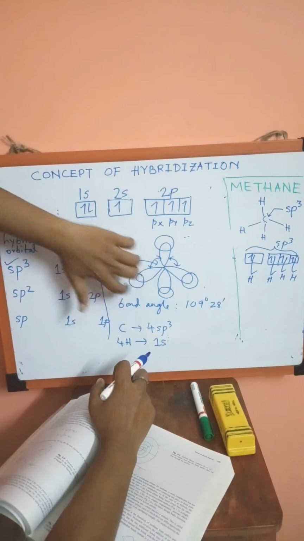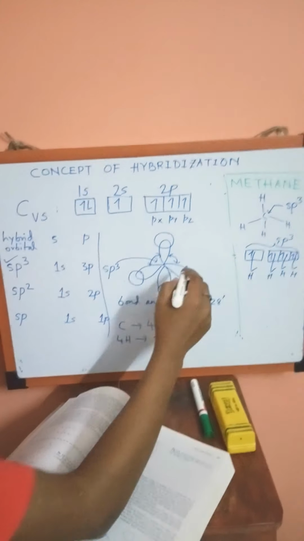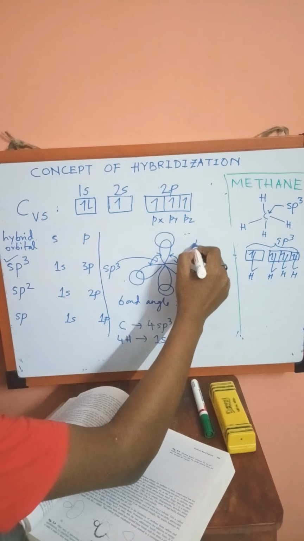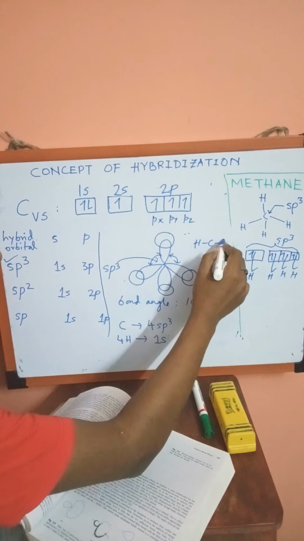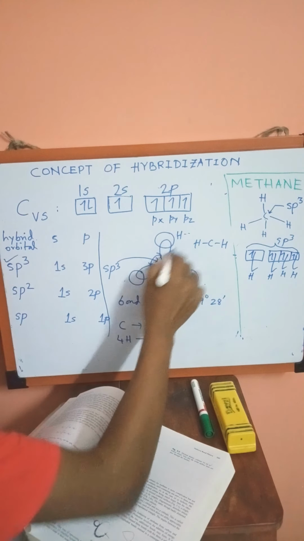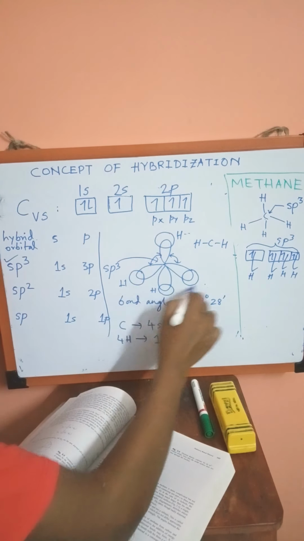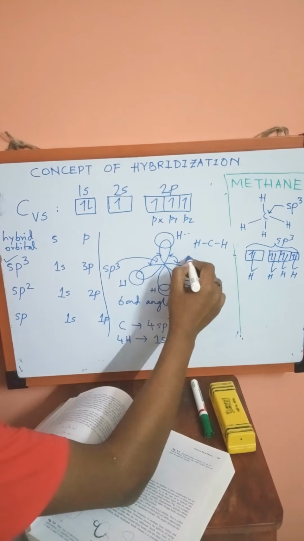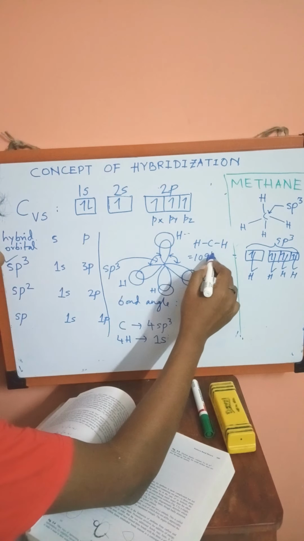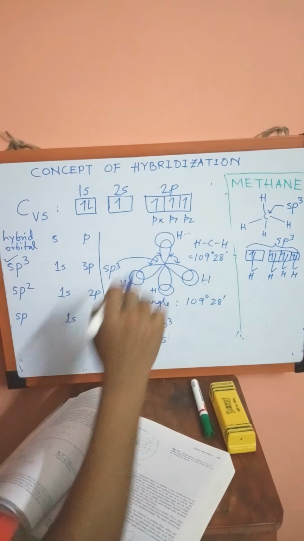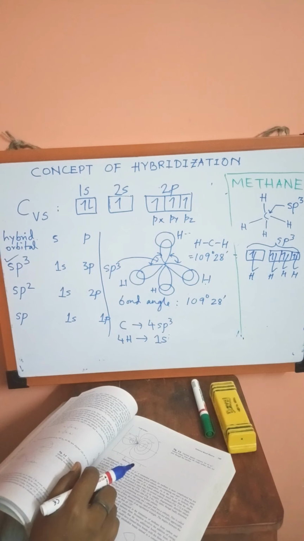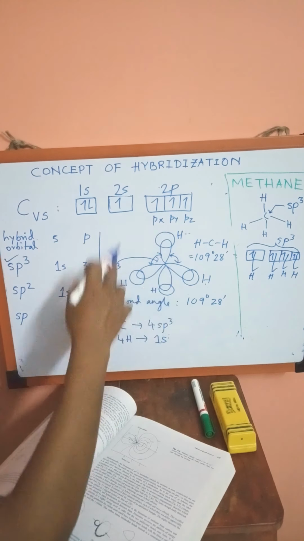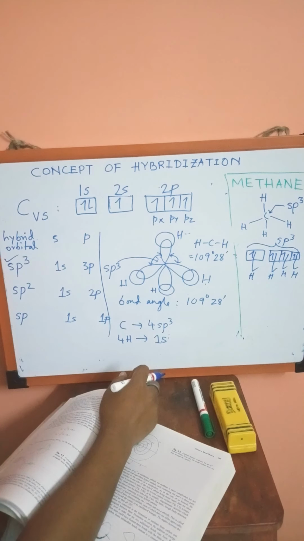And this bond angle, that is the HCH bond angle, will be 109 degree 28 minutes, and this is a tetrahedral molecule.